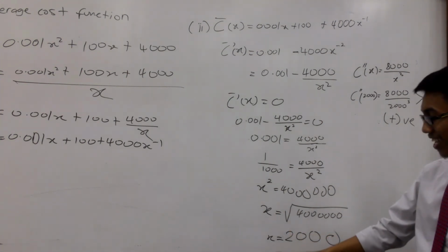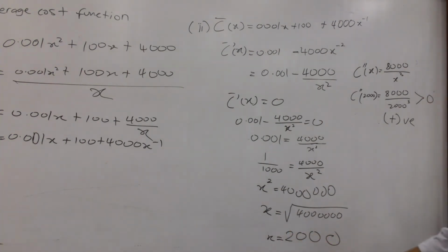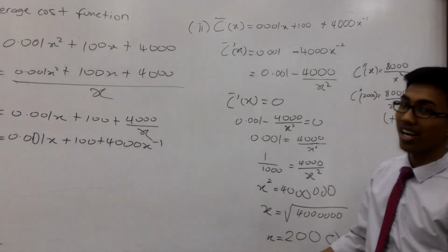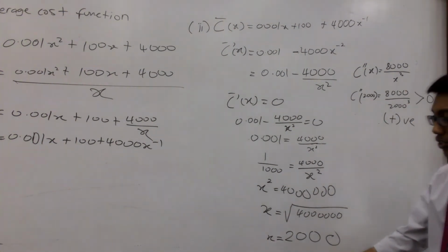And we get x equal to 2000. This is the minimum average cost.